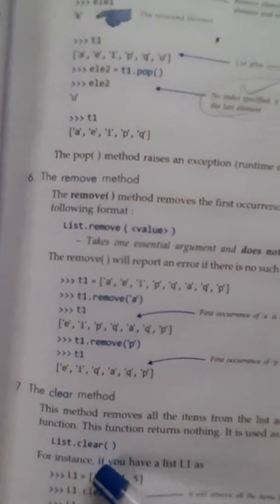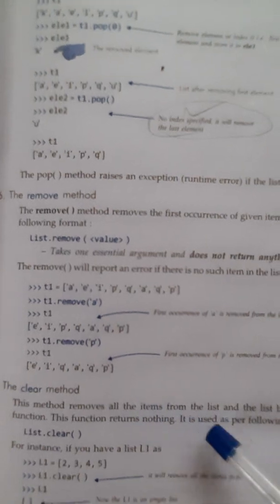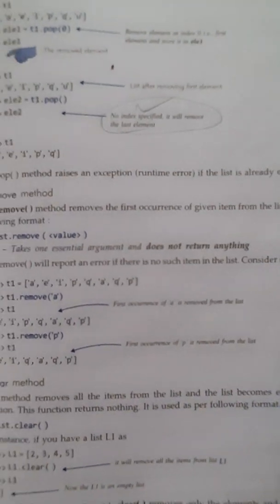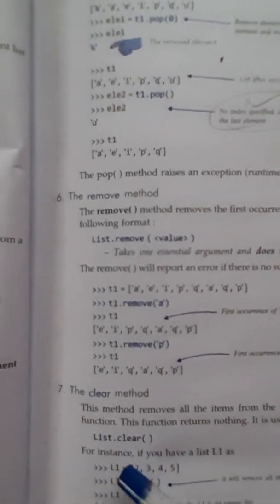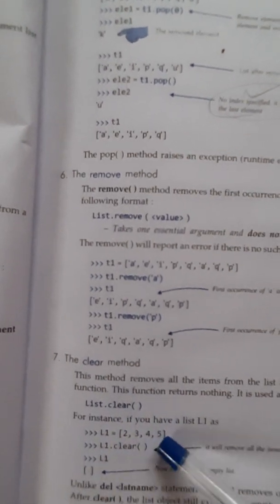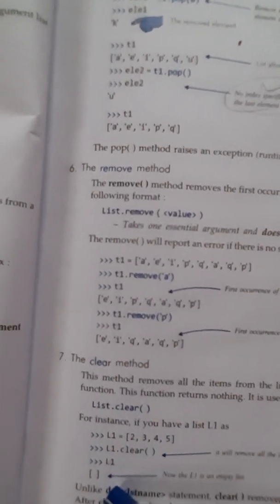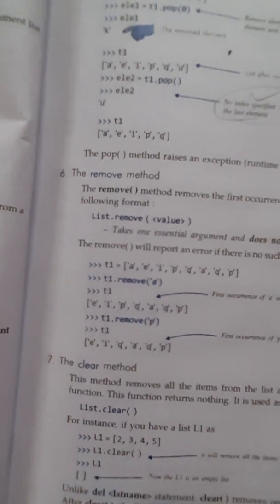The next is the clear method. The clear removes all the items from the list and the list becomes empty. You have a list L1 and you give list clear, and you see now your list has become empty.